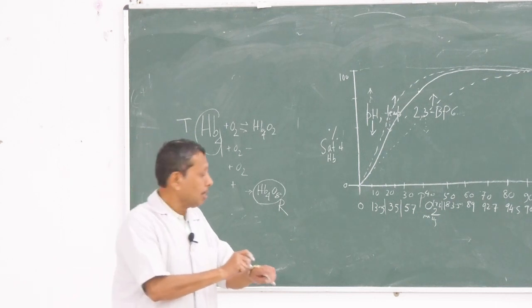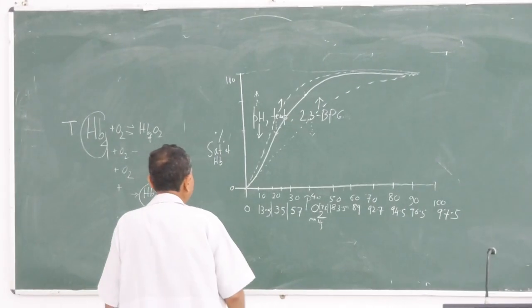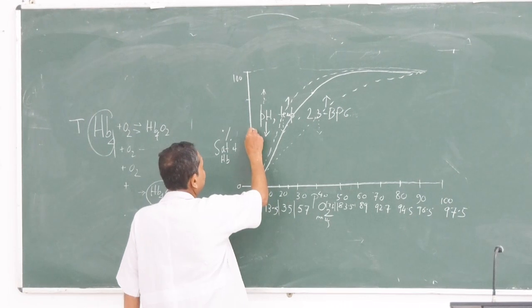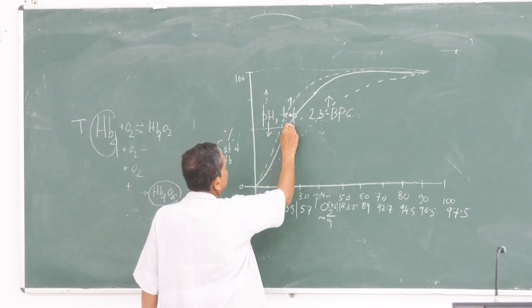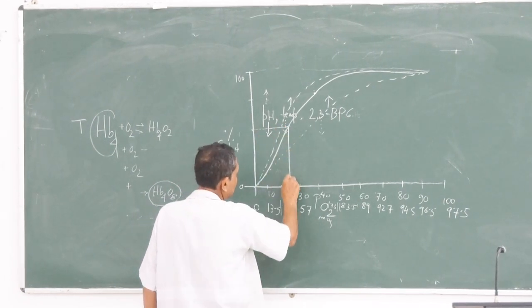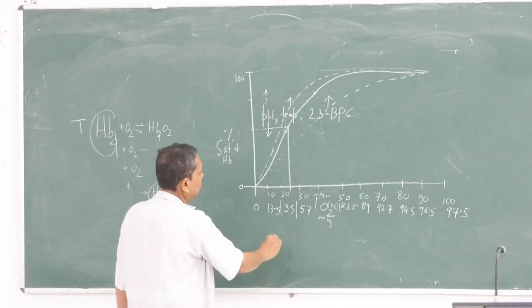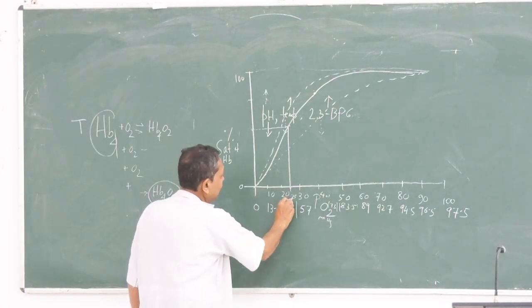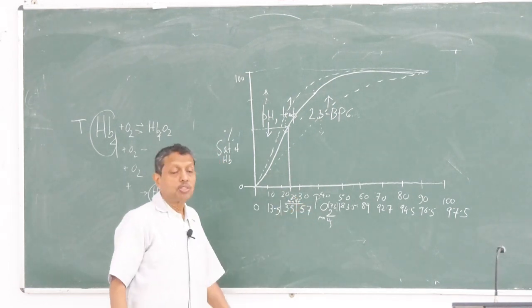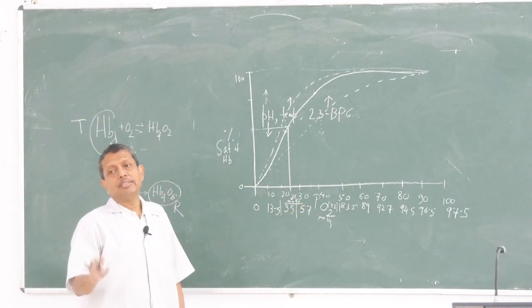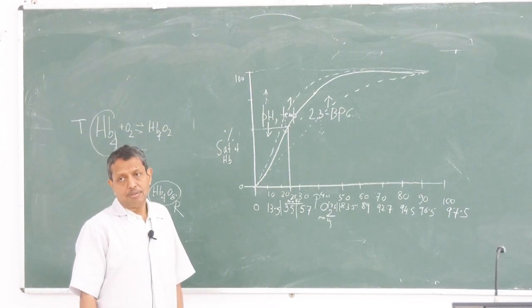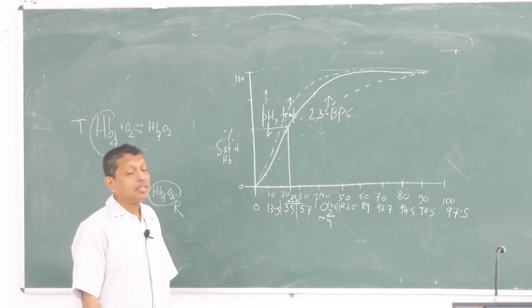And there is a term P50. That is the partial pressure of oxygen when the hemoglobin is 50% saturated. 25 millimeter of mercury. Some books say 26 millimeter of mercury. There is no difference. It is called P50.